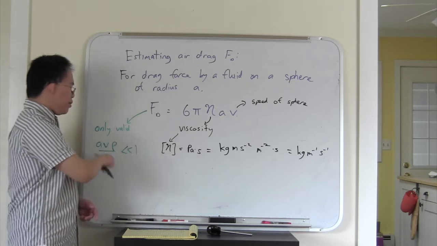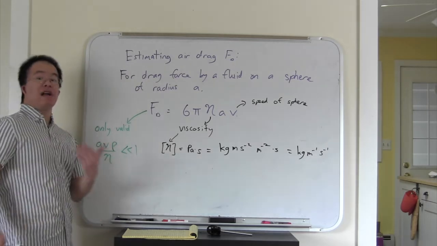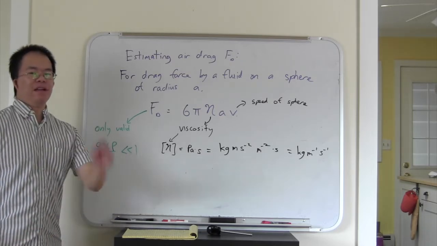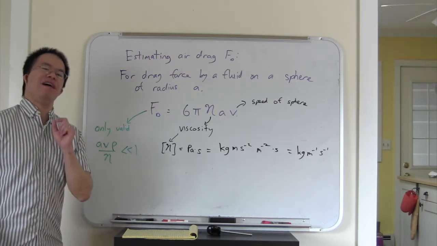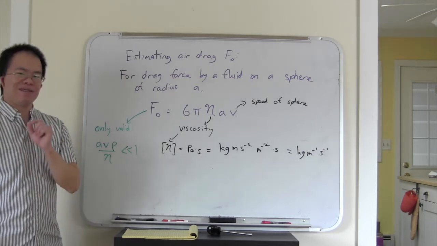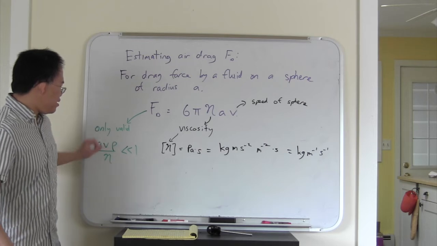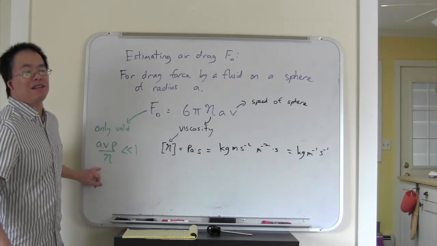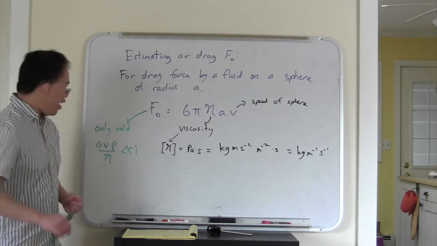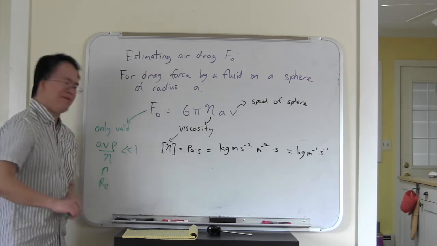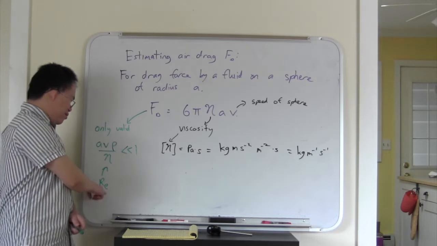It's only really valid when this ratio, which turns out is dimensionless, is much less than 1. If you like fluids, and I'd be happy to talk to anybody who's interested about it, this turns out to be a dimensionless combination of factors called the Reynolds number, which is usually given the symbol Re.